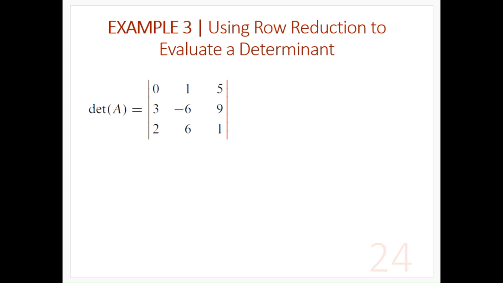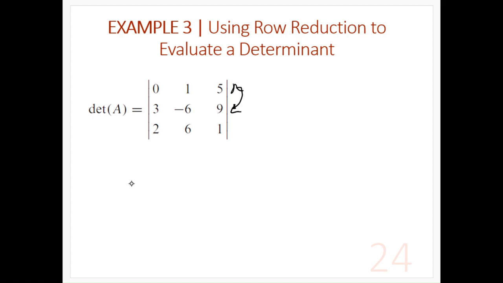Alright, so when we look at example 3 in detail, because we know we're going to be calculating the determinant of A, one of the first things that we're going to want to do to reduce A to row echelon form, which is going to be our upper triangle, is that we want to swap out the first and second rows. We want to interchange those two. So the first and second rows, these two are going to be interchanged right here.